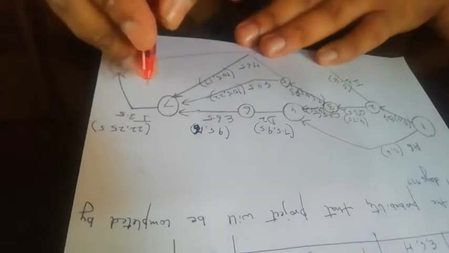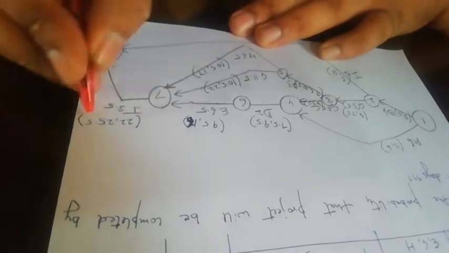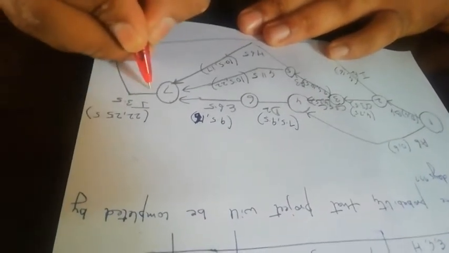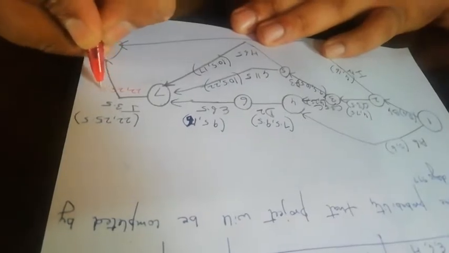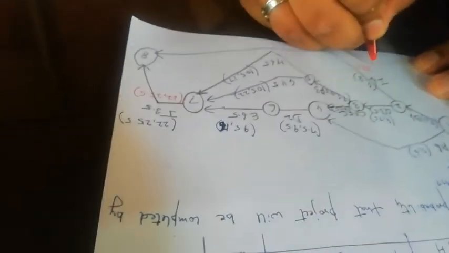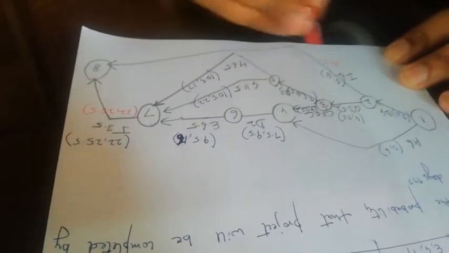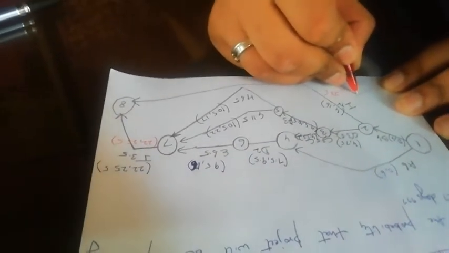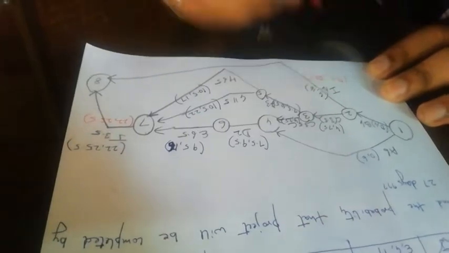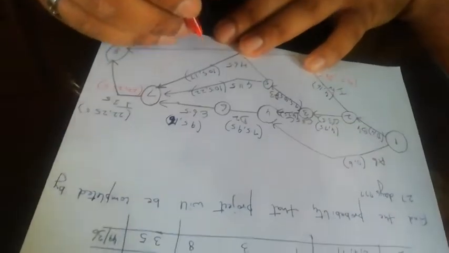Then we'll calculate the latest start and latest finish. The last activity becomes 22 and 25.5. Then 22 minus 4 gives 13.5.